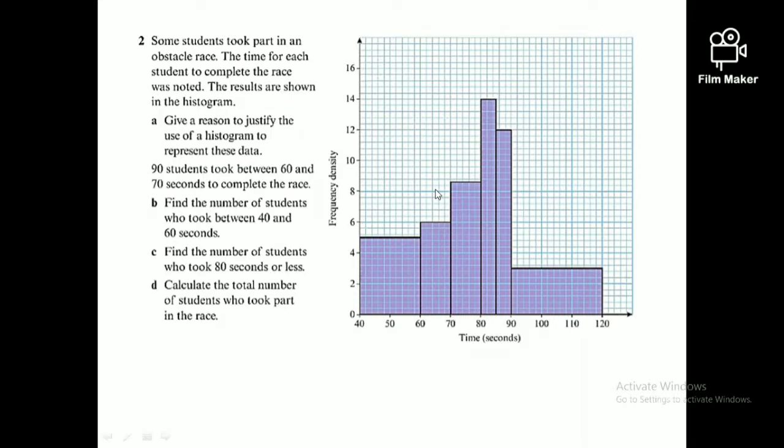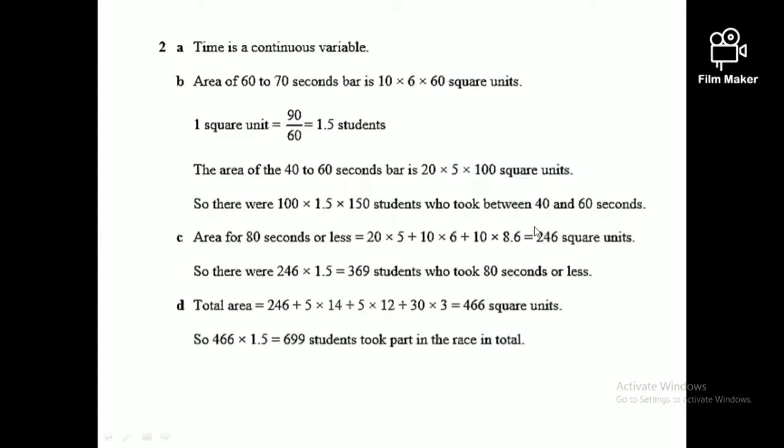Then 21.5 multiplied with 5 boxes vertically. Each box is 1.2, so multiply with 1.2. You will obtain the answer 129. Then you can add 129 plus 90, plus the 150 we already counted, and you get the final answer. So 369 comes into this category, right?